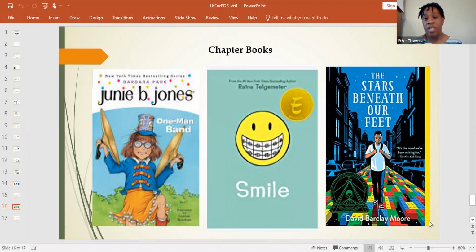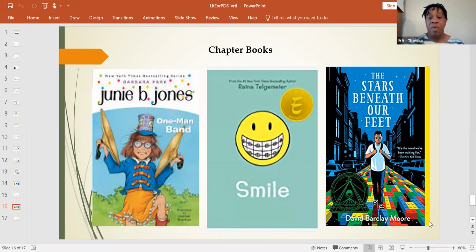And I'll give you an example. So Smile, Raina Telgemeier. I actually know the author. I actually like her books. Her books are based on a girl in middle school. So the theme for that would be like middle school. I see a smile, I see braces.